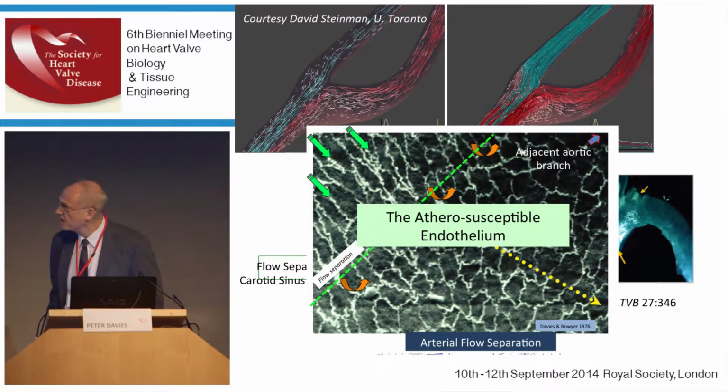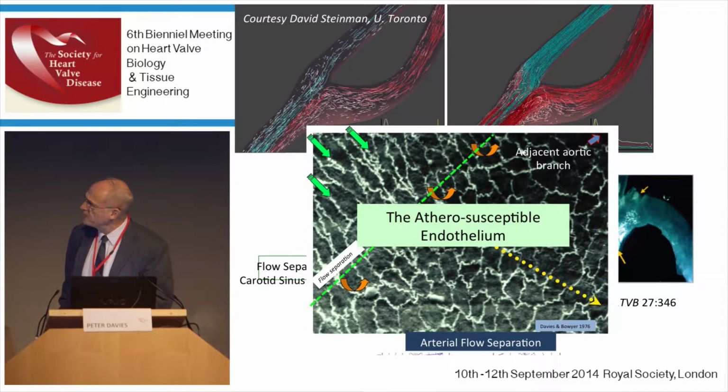And the question is, do the endothelial cells lining these regions, which in most places throughout the arterial circulation align in the direction of the flow, are they in fact a different phenotype? And in fact, if you look at these regions, arch, carotid bifurcation, you will find regions of what could be called stagnation points.